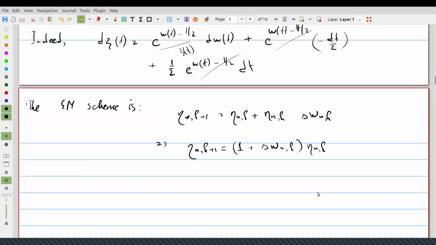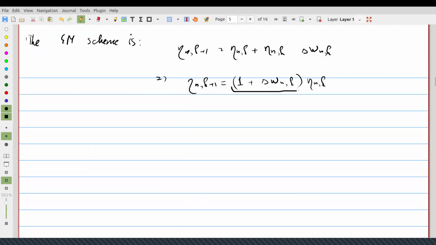So we just iterate multiplication by these expressions. And since we start at 1, so η n0 is just 1, we obtain that our resulting approximation, which is exactly this at time 1, is just a product of 1 plus delta W nk.